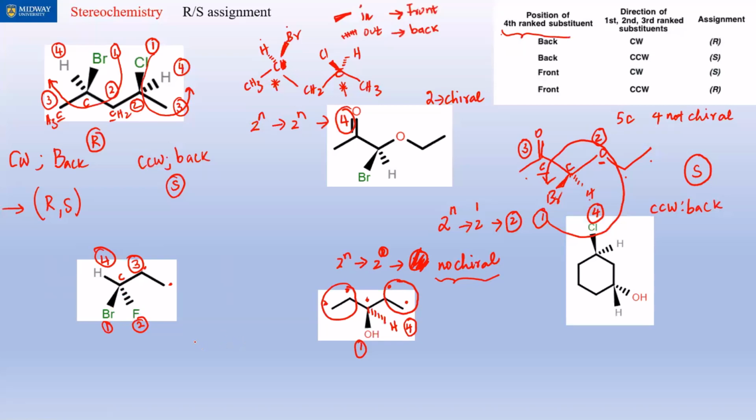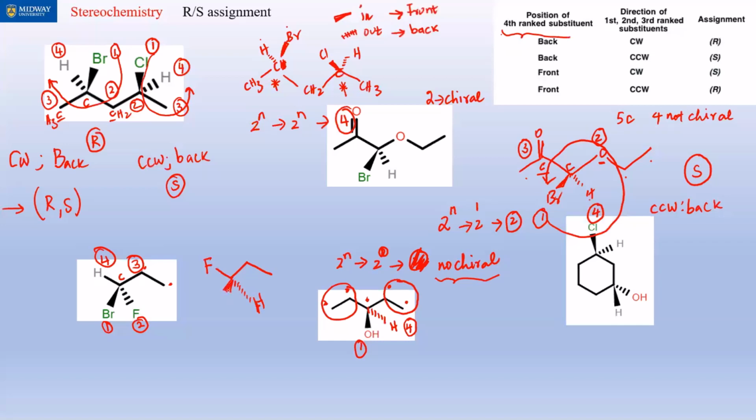So how can we go about actually determining R or S for this one? We have to modify something and then come back and conclusively determine that. So what I'm going to do is redraw this, but switch either the in or the out for this hydrogen. So I'm going to bring maybe the fluorine here. Switch places, switch the fluorine for the hydrogen and the hydrogen for the fluorine, and then leave the Br there.